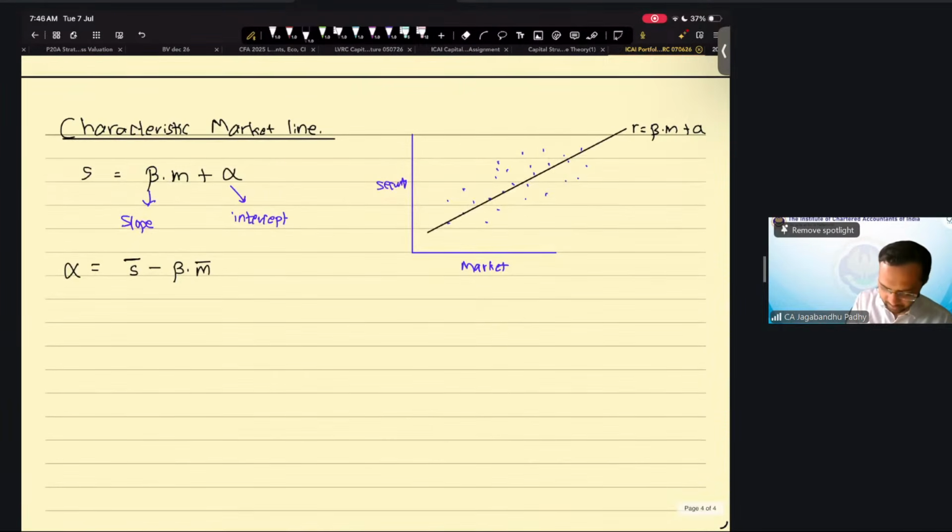If you have security and market returns available with you, what you are going to do is first calculate beta.